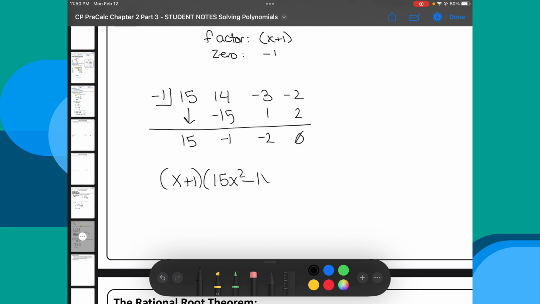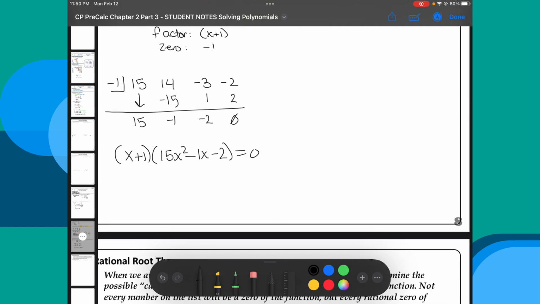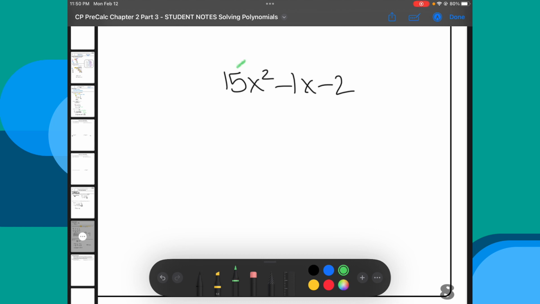We have our quadratic. And now we need to factor our quadratic. So again, I have to do the British method. So I have 15x squared minus 1x minus 2. So the first thing that we do is we multiply. When we multiply, we get negative 30.